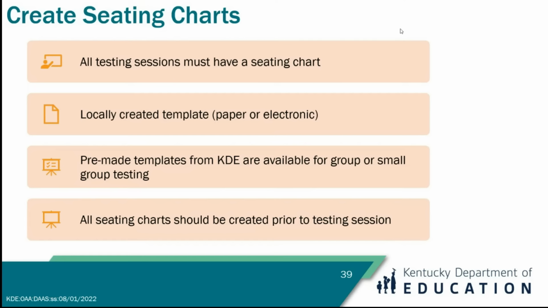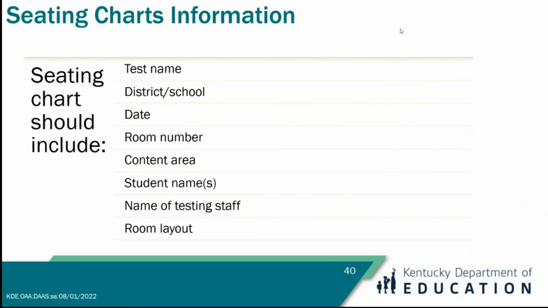If you want to create your own seating chart templates, certain information must be included. What information should be included on the seating chart? The test name, district or school names, the test date, room number, the content being tested, all student names, names of all testing staff in the room, and the room layout. The student names should be placed in the appropriate places on the room layout.